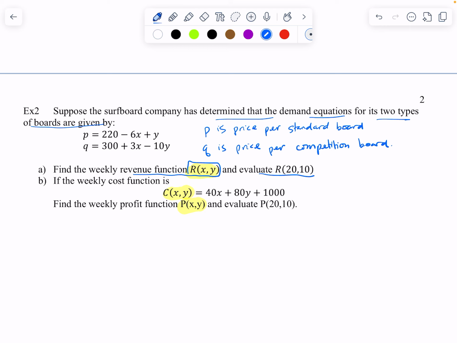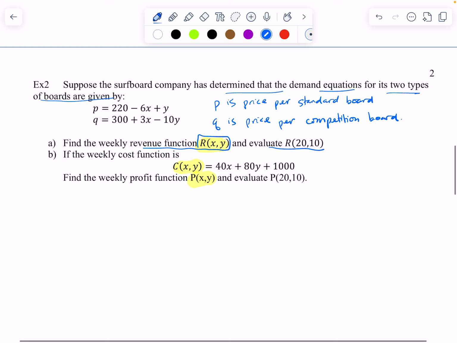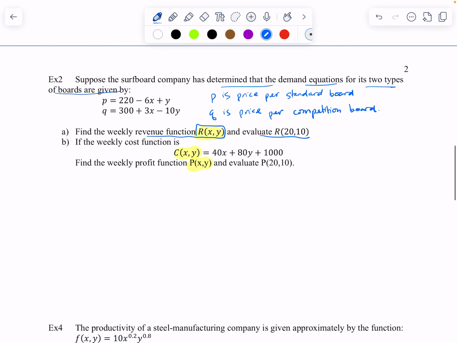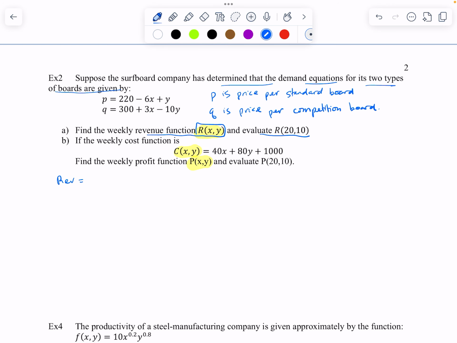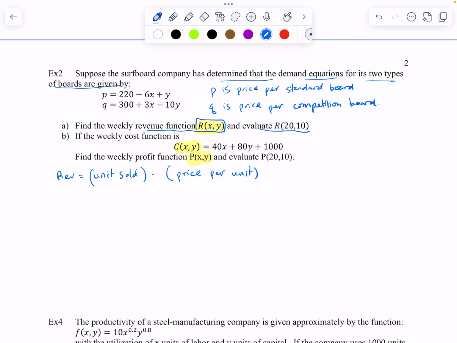All right, so recall revenue is always equal to the number of units sold times the price per unit, right? Or you can say units demanded if you want to.